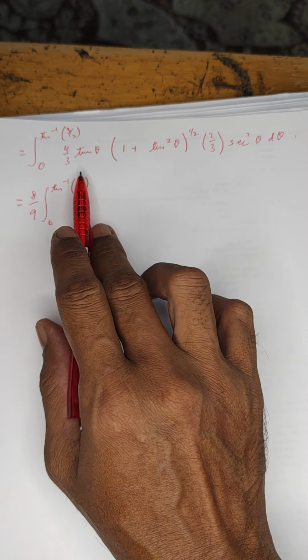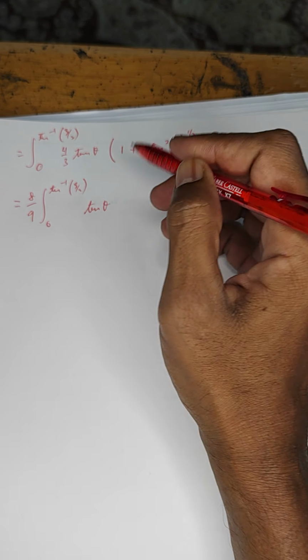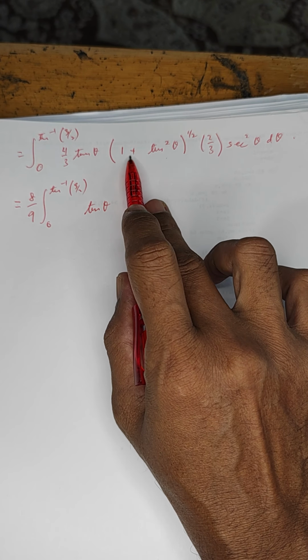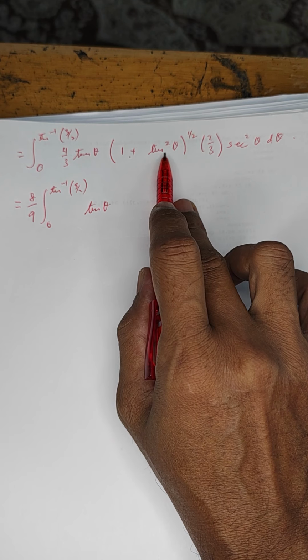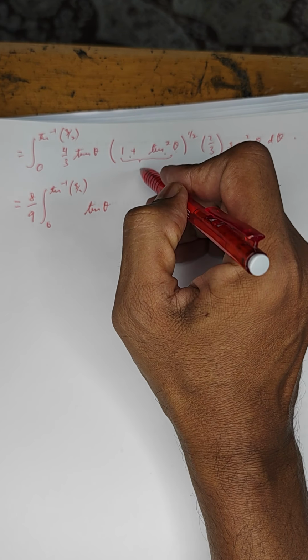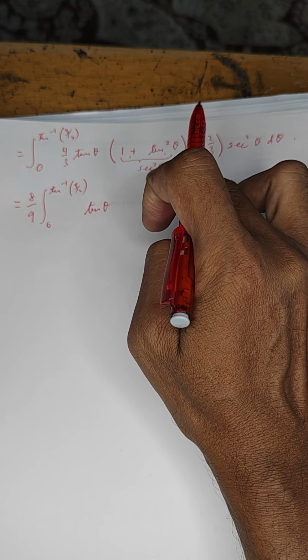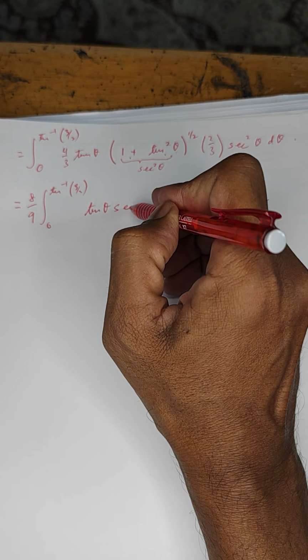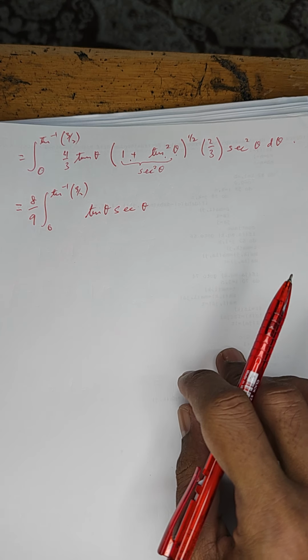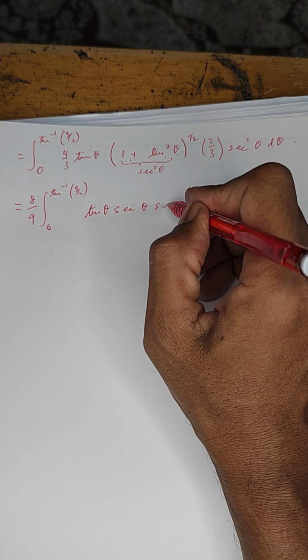Now inside here we have tangent theta, and 1 plus tangent squared is secant squared, and the square root gives secant theta. So you have secant theta, and for this we have secant squared theta.